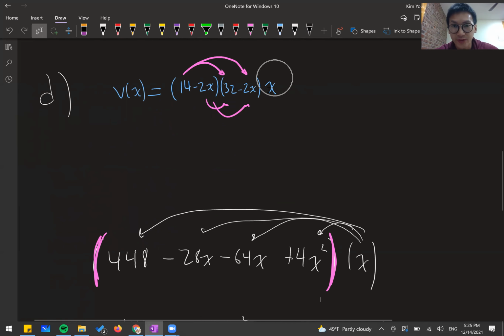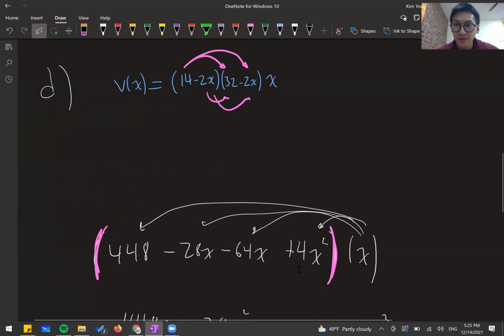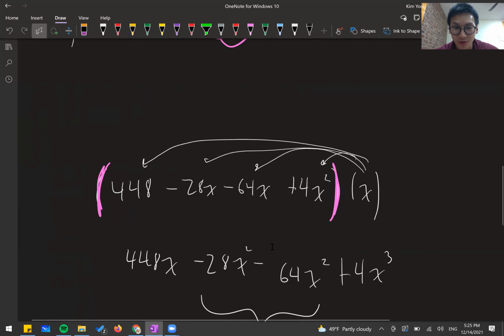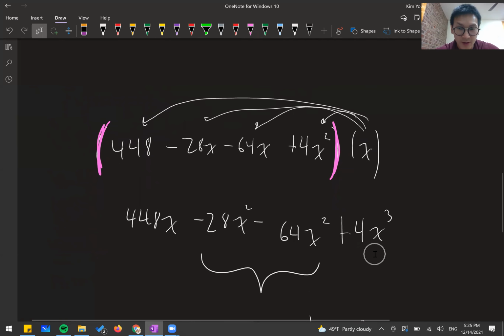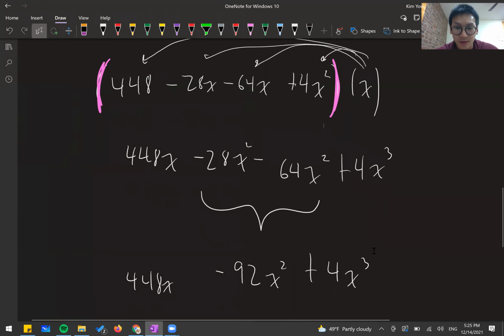After, you are going to distribute this x in here. If everything goes well, you should get this: 448x minus 28x squared minus 64x squared plus 4x cubed, right? But to make it standard form, you have to rewrite it so that it's in descending powers from left to right.